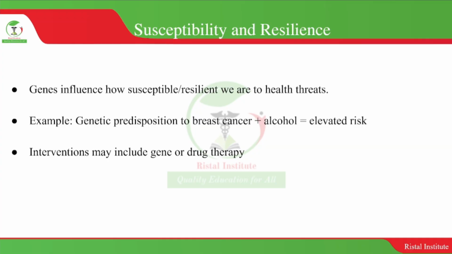Okay? But we should not forget that the individual factors also play an important role, like we said earlier on. And here we're emphasizing that the genetic makeup of an individual influences whether they will get certain illnesses or not.